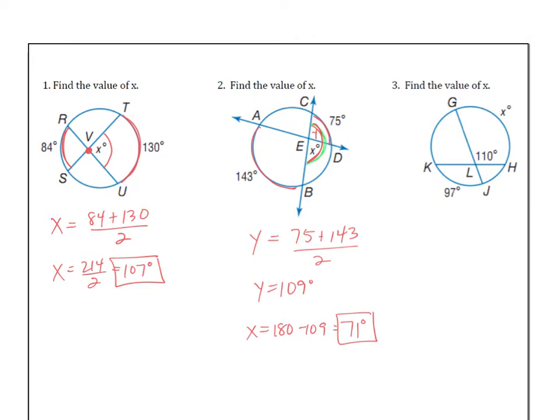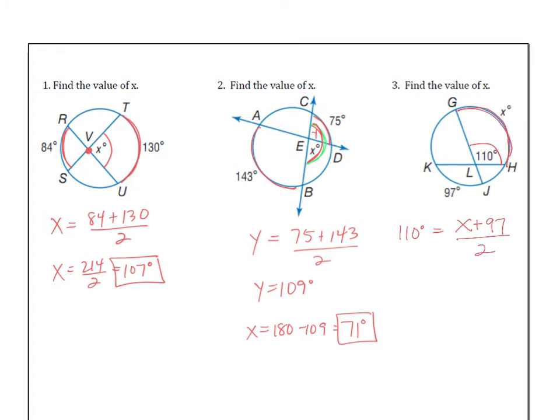Then we have a third situation. Number 3, they actually do give us the angle, but they don't give us one of the arcs. Can we work backwards? Can we somehow find how big arc GH is? So what we do is we think about our formula. Usually it's the angle, so the 110, is equal to the two arcs added together, so x plus 97, and then divide by 2.